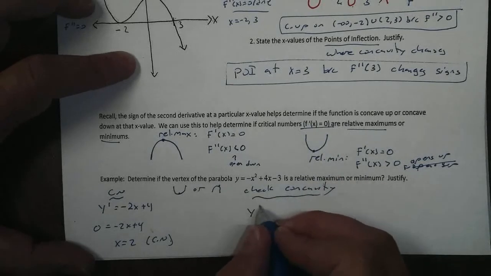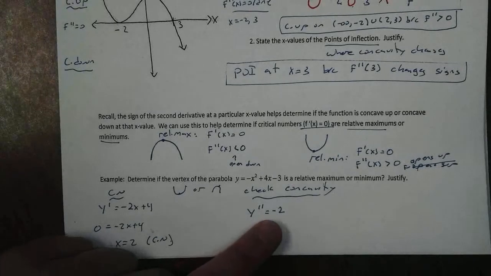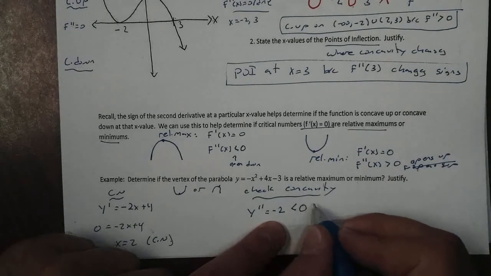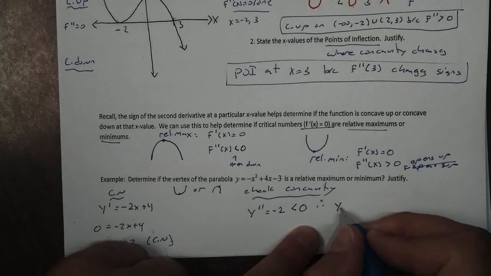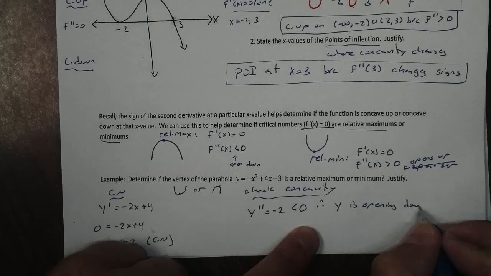If we take the second derivative, we get negative 2. And if you notice, this never changes. And negative 2 is less than 0. Therefore, this is saying that the function y is opening down.